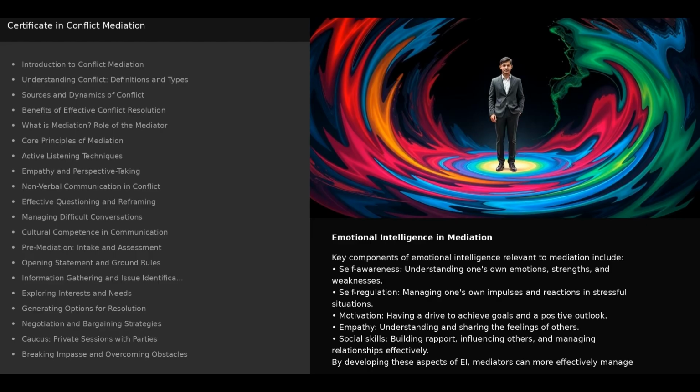By developing these aspects of EI, mediators can more effectively manage the emotional dynamics of conflict, build trust with parties, and guide them towards constructive dialogue and resolution. It allows for a more nuanced and human-centered approach to conflict resolution.